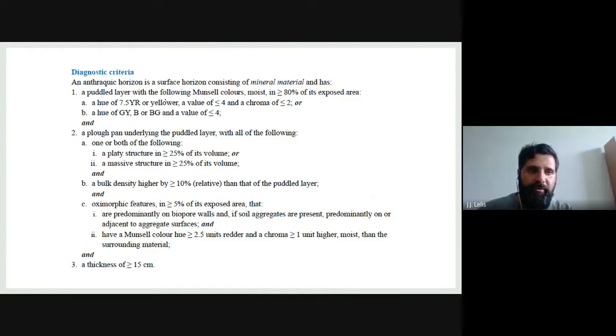And we discussed some diagnostic criteria, especially color. You should present a low value and a low chroma because they should present dark colors. Okay. And they could be a buried horizon or a surface horizon with a platy or massive structure below this surface horizon.